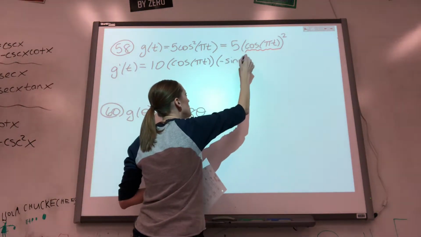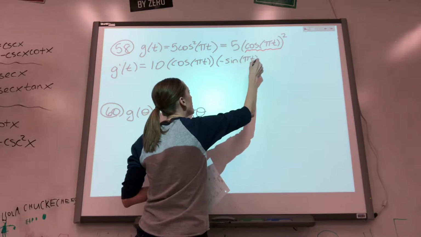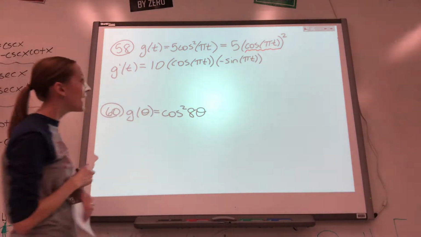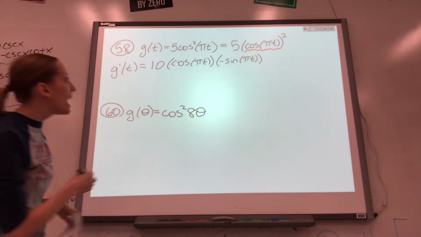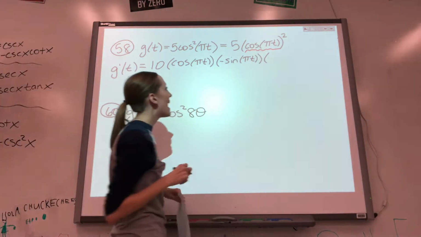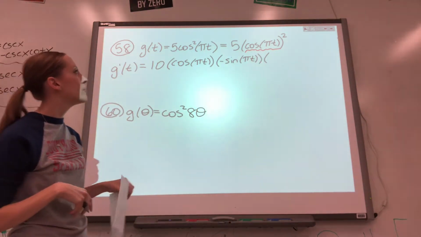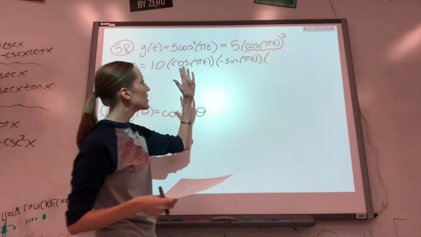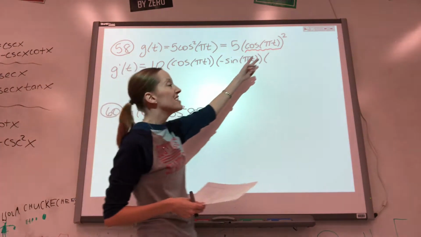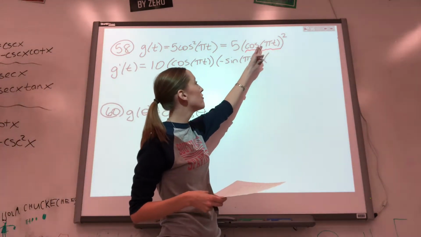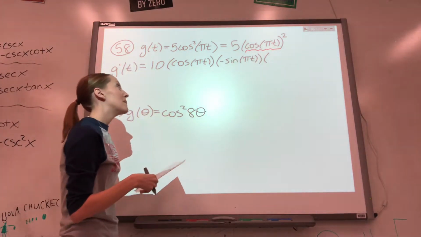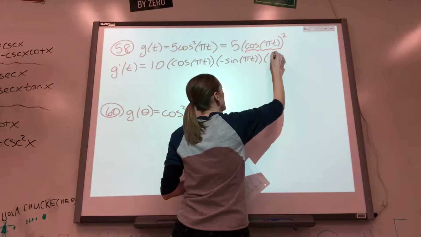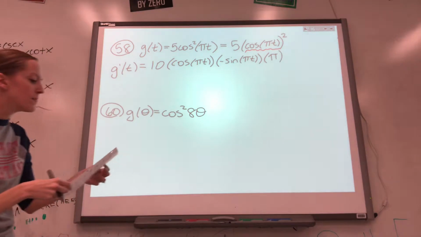So I do that and I leave everything after it the same. But then I have to come back and take the derivative of the part that was after the trig function. So what is the derivative of pi t? Just pi. Remember, pi is just a number.